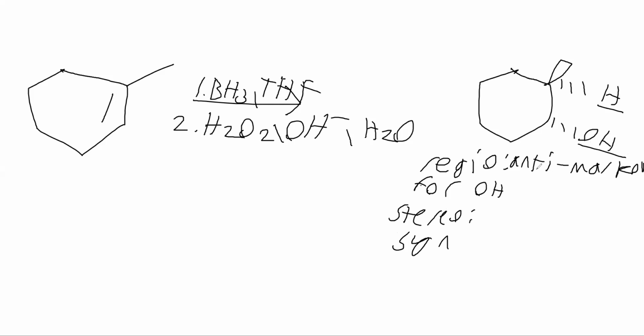That can be explained by the mechanism, which you don't have to know in full. You don't even really have to know what I'm going to show you, but it explains part of why this happens. An intermediate that forms looks something like this.